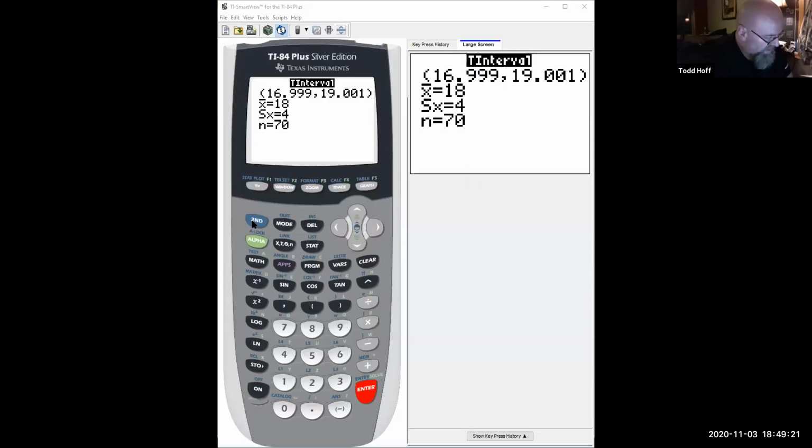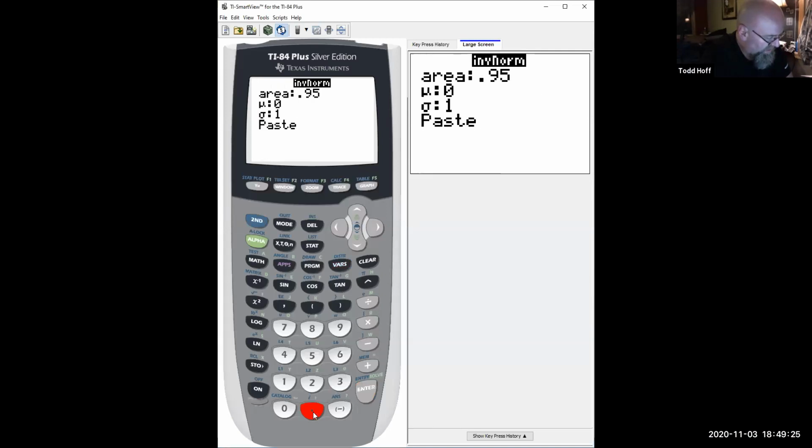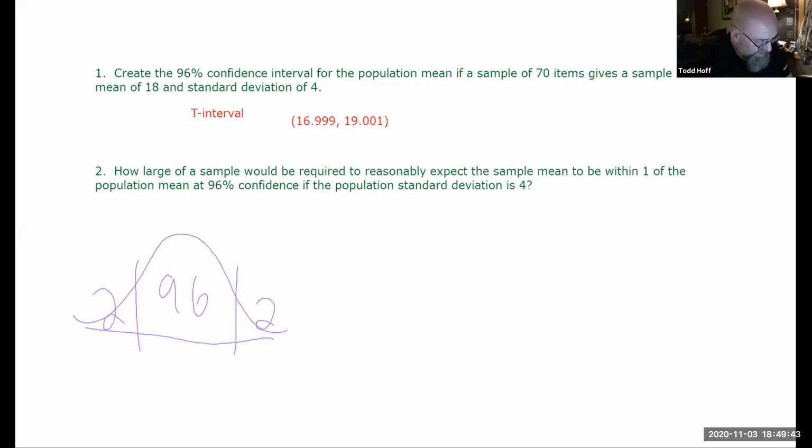So second distribution, inverse normal, 0.98. Remember, it's 0.02 and 0.98, but 0.98 will give us the positive value. 2.054. So that is our Z critical.